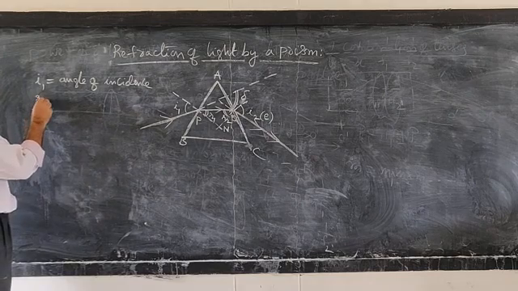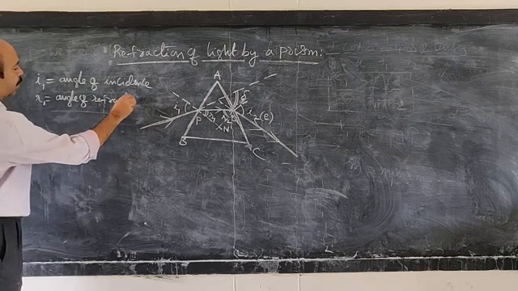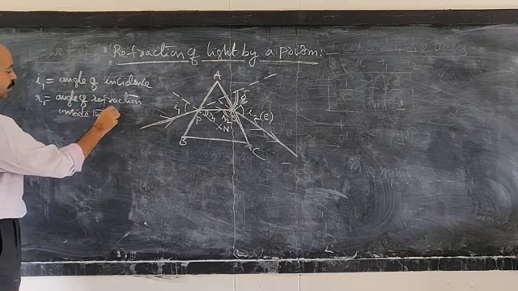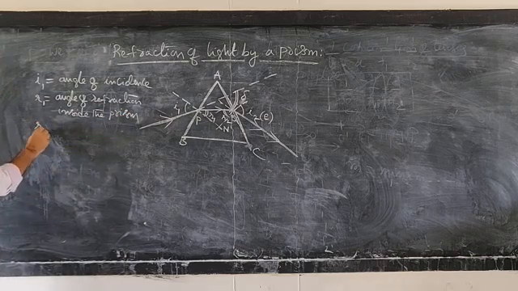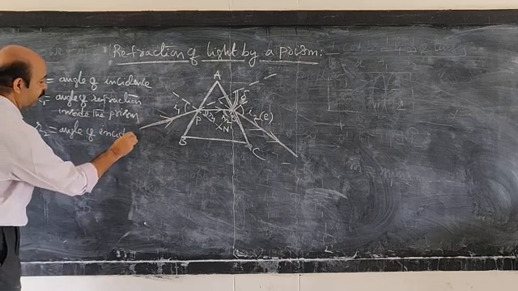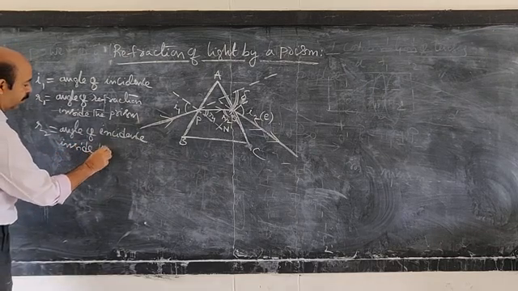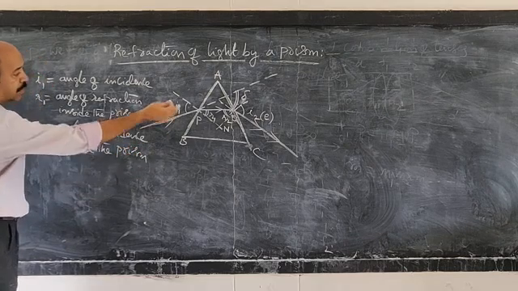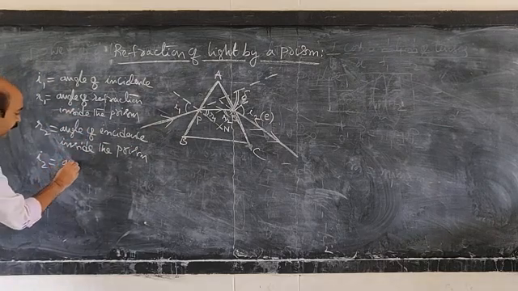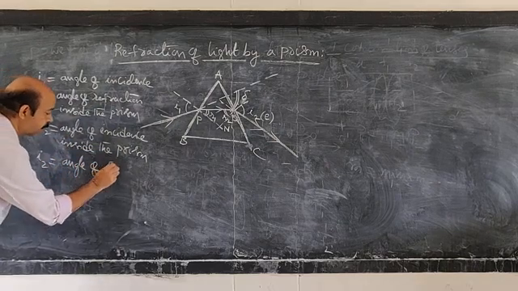So I can write R1 is the angle of refraction inside the prism, and similarly R2 is the angle of incidence inside the prism at say some point Q, and here I2 or E is the angle of refraction at the surface AC or angle of emergence.